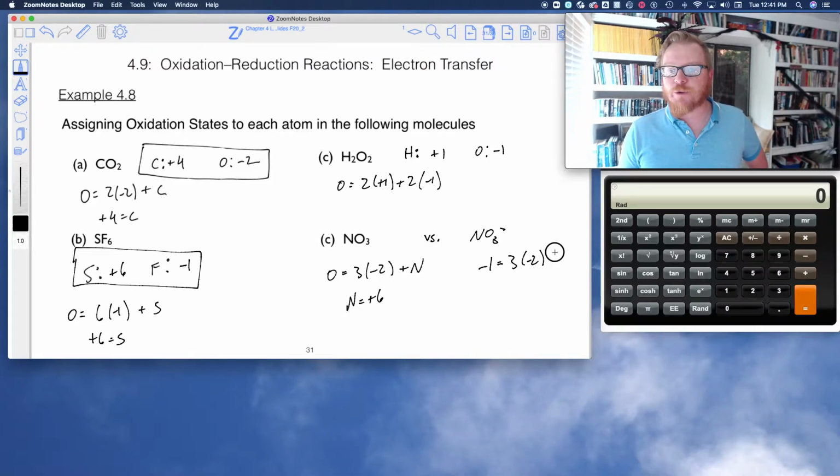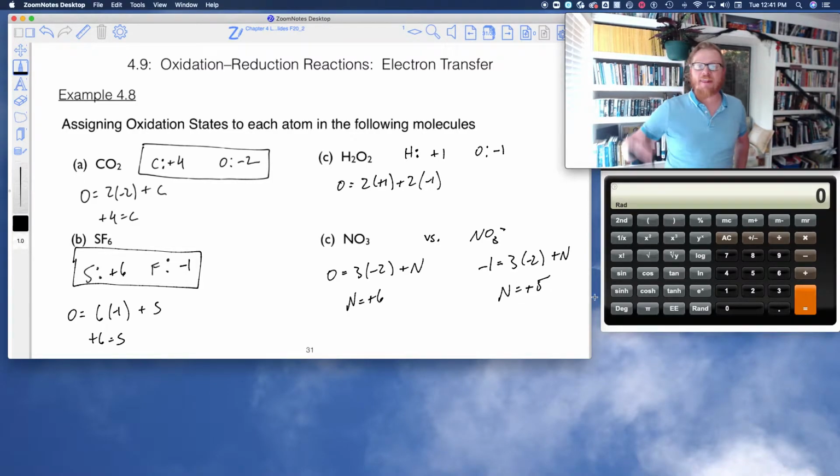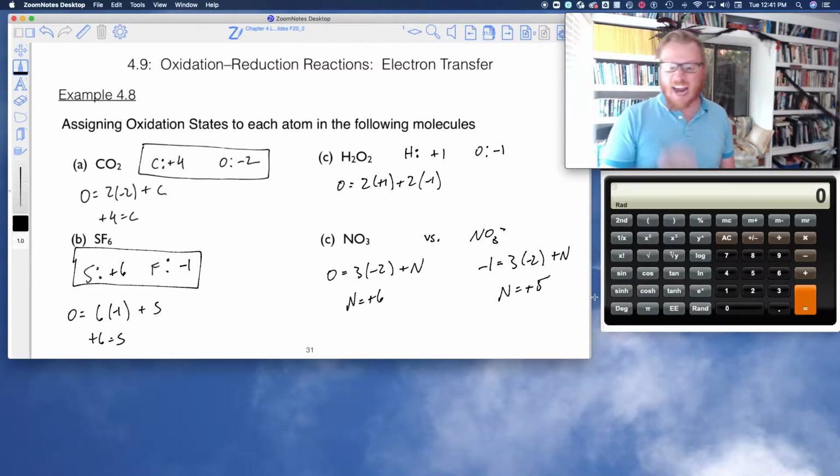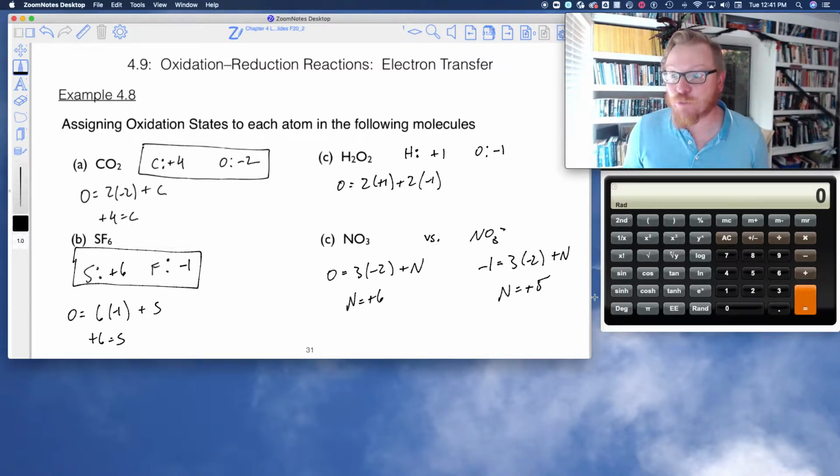For this relationship to be satisfied, if I do the algebra here, we would find that this nitrogen has to be +5. And that is why this nitrate is -1, because a nitrogen with the +5 oxidation state is different than a nitrogen with a +6 oxidation state. They are chemically different. They do different chemical reactions.